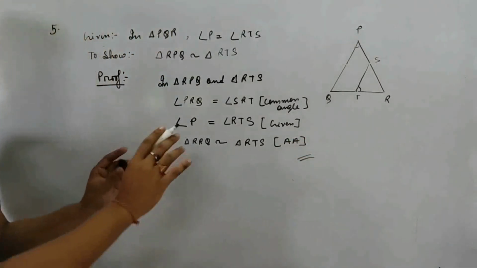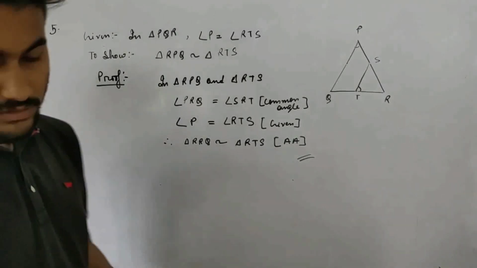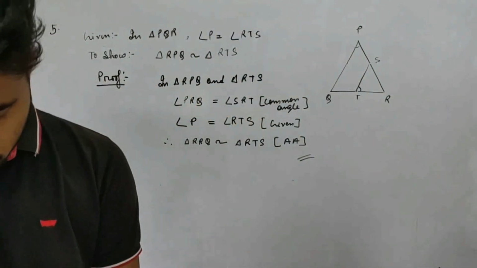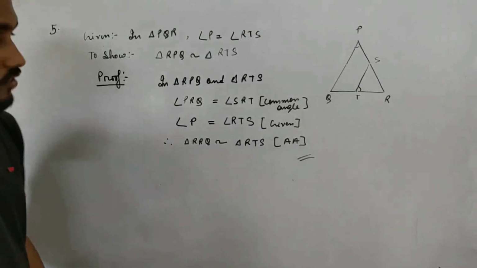Okay, this is the question. Very simple question. Okay, a 2 marks question you can say. Okay, next, question number 6. Yes, the diagram is given, so you draw the diagram.